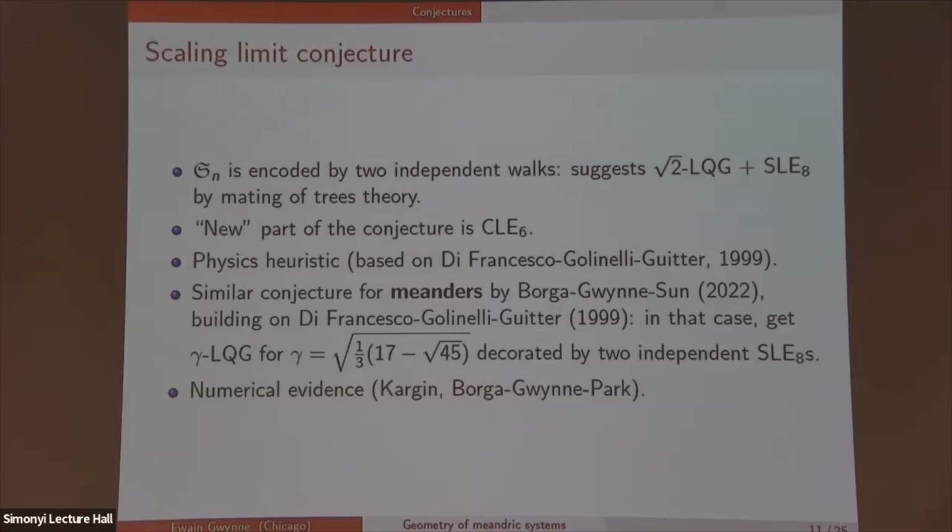So the central charge for the loop model is going to have to be 0, and that gives you kappa equal to 6. That's maybe not a completely solid heuristic, but that's at least my guess. One could confirm this by simulating the correlated model and seeing if the exponents are what they're supposed to be.